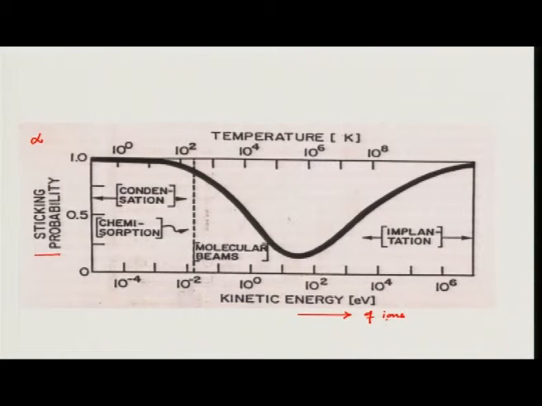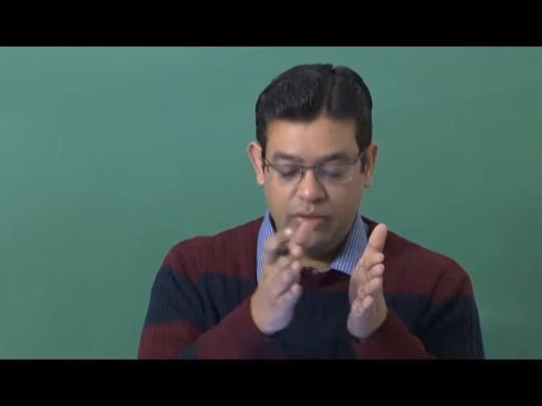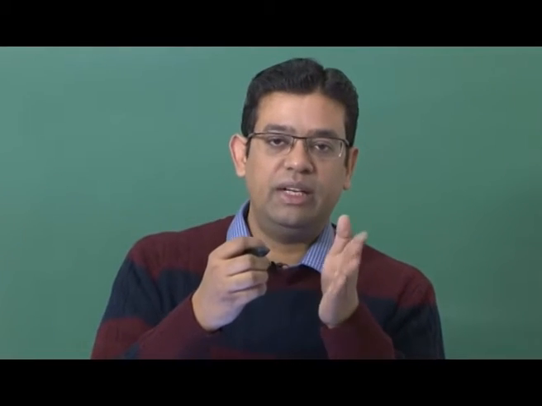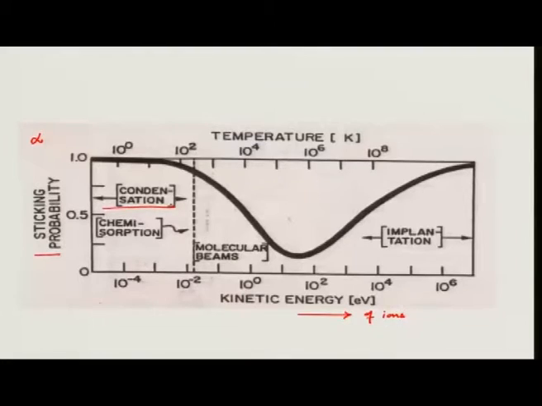We can see if the kinetic energy of these ions is very low in terms of electron volts, then they will just form a condensation, they will just get physisorbed without any chemical interaction between the target and the ions on the surface of my target. If they have slightly higher energy, they may form a chemical bond with the surface. It may be van der Waals forces as well, and they will get chemisorbed. Okay. So, we are not interested in these low energy ions.